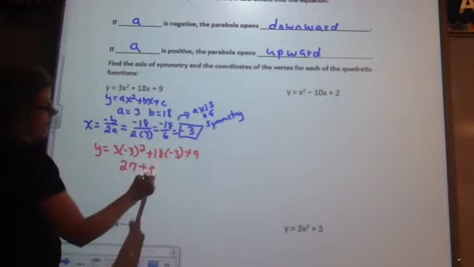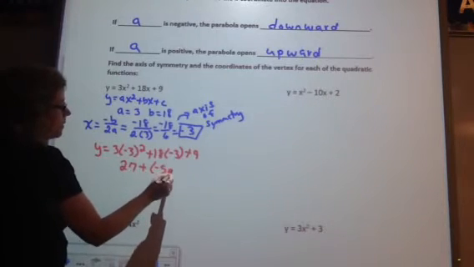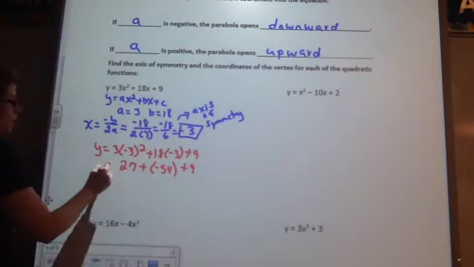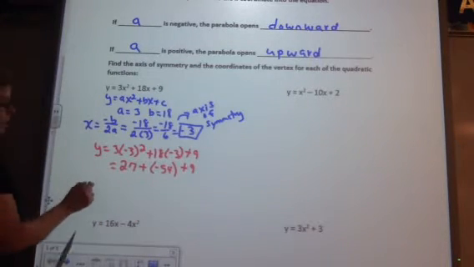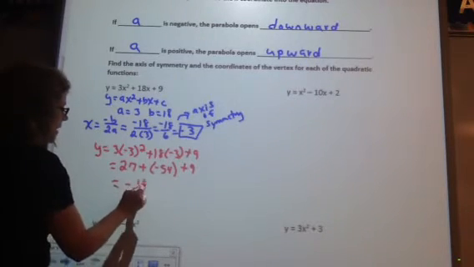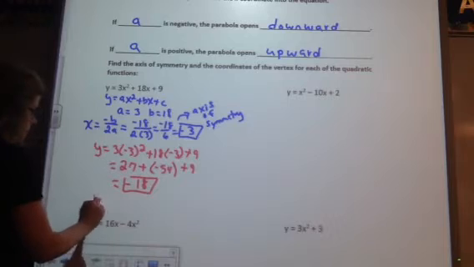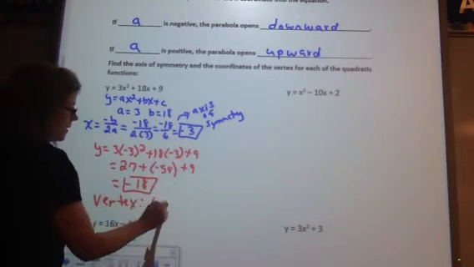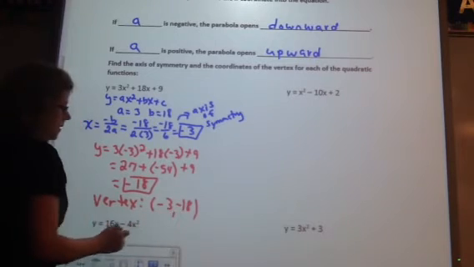Negative 3 times 18 is a negative 54, and then bring down your plus 9. So when you simplify this, we get that y equals negative 18. So our vertex is negative 3, negative 18.